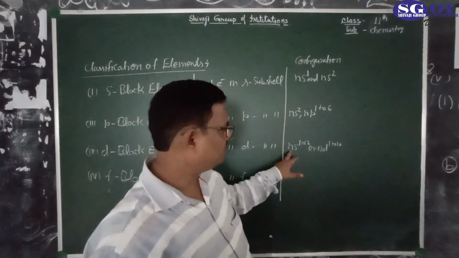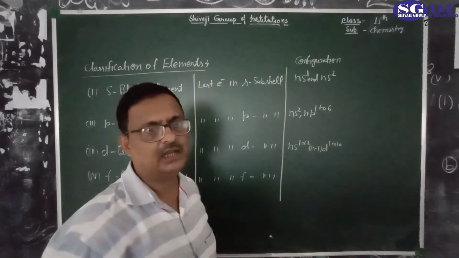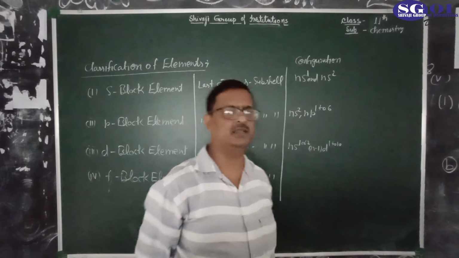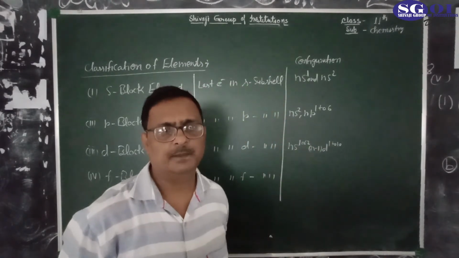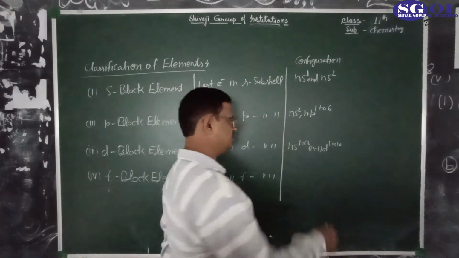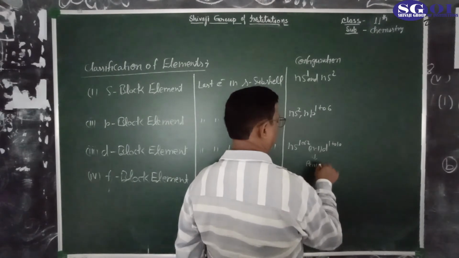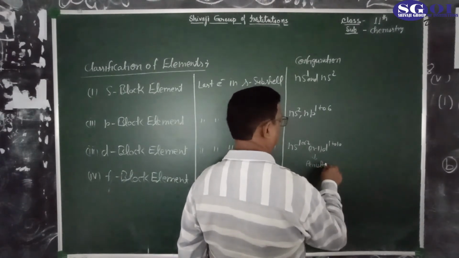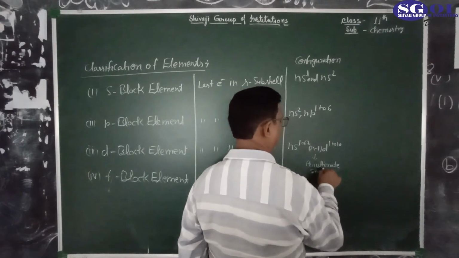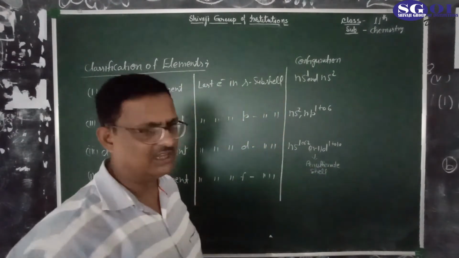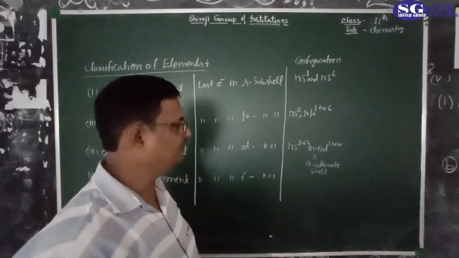Here n is the outermost shell, and n minus 1 is known as the penultimate shell, the last but one.